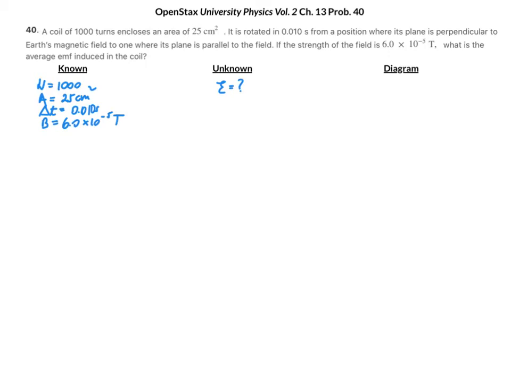So let's look at the diagram. We're told that we have a coil in a magnetic field, in the Earth's magnetic field, and originally its plane is perpendicular to the Earth's magnetic field. So that means that the coil is like this. And then later on, the magnetic field hasn't changed direction, but the coil is now parallel to the magnetic field, something like that.